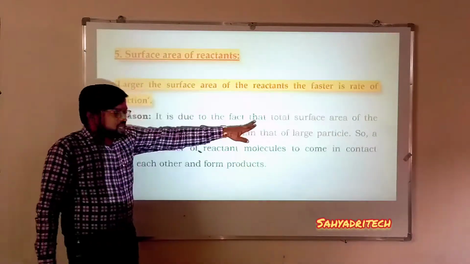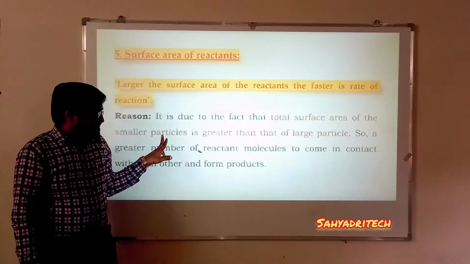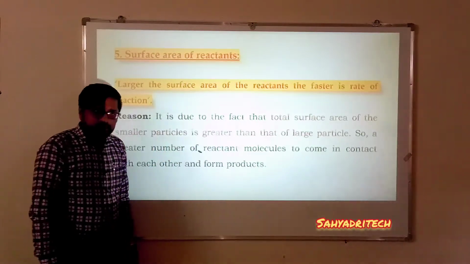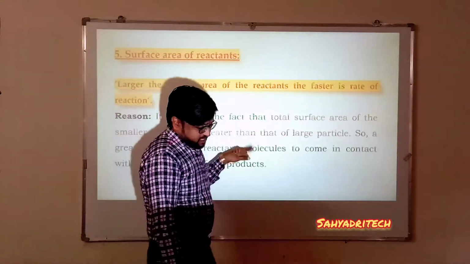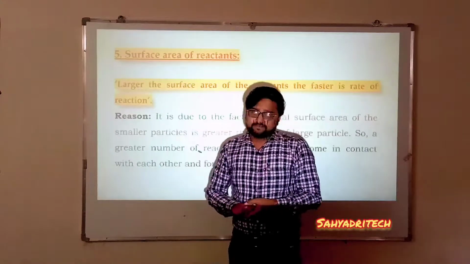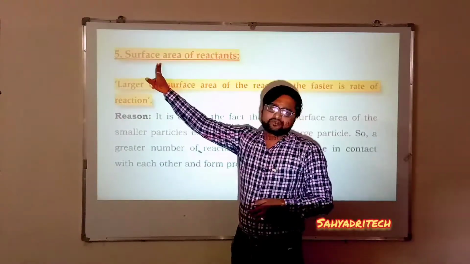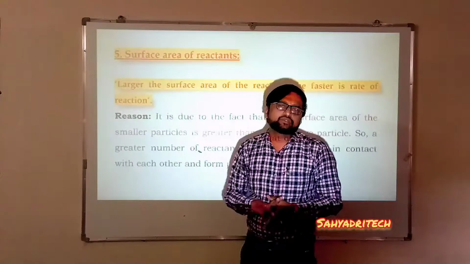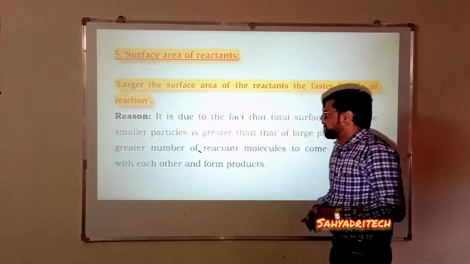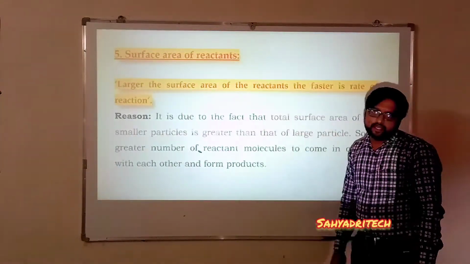So smaller the size of reactant species, larger is the surface area, hence the rate of reaction increases. So surface area is directly proportional to the rate of a reaction. That is the fifth factor.